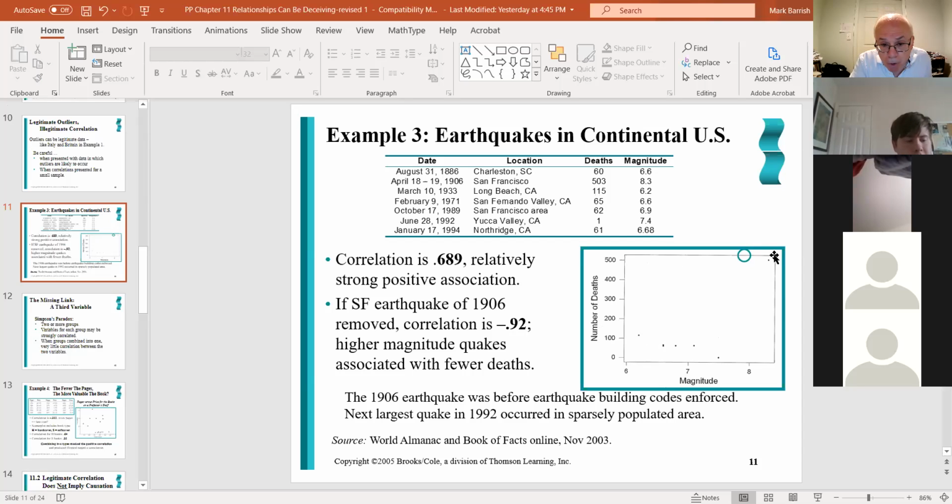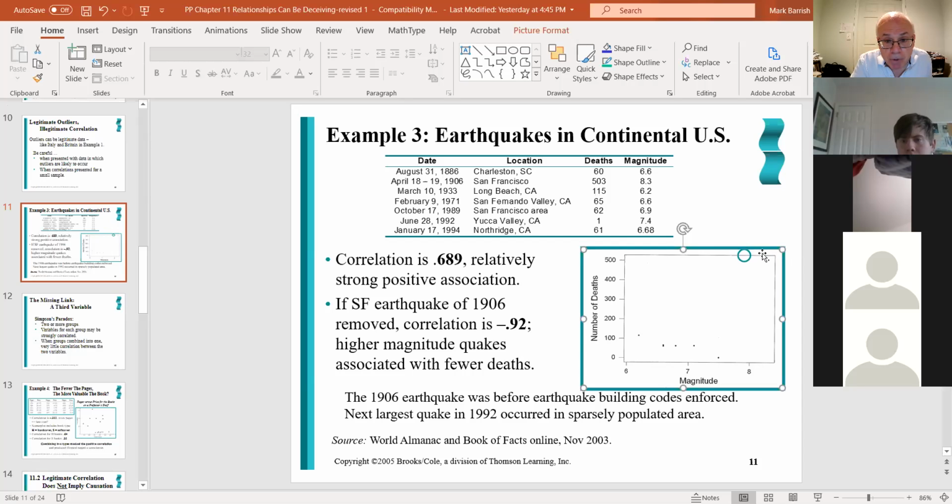But there's one point all the way up here. What is that point? That's an earthquake that occurred where? San Francisco earthquake, 1989. Big earthquake, and many deaths. So that's this one right here.